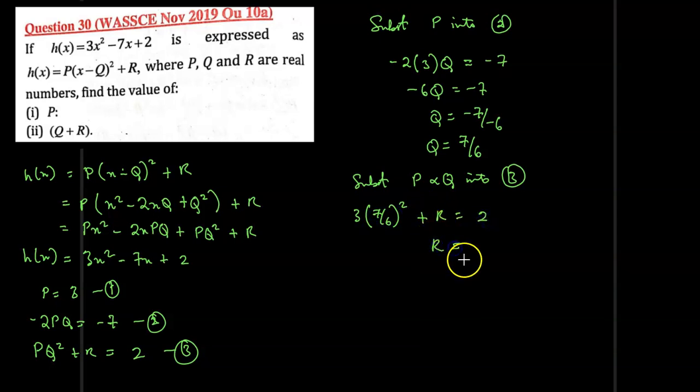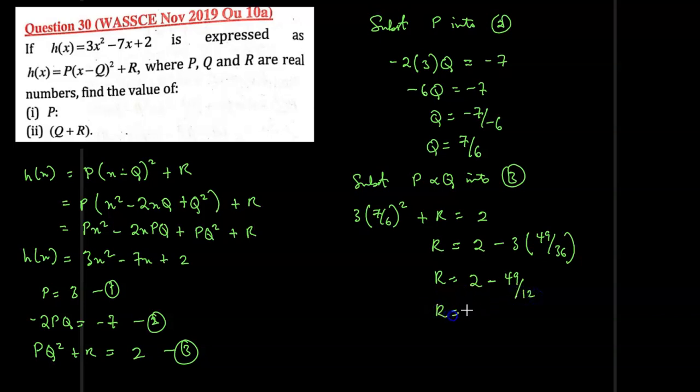So r will be equal to 2 minus, now when you simplify that, it will be 3 into brackets 49 on 36. And as you know, 3 will go into 36, which is 12 times. So we have negative 49 on 12.